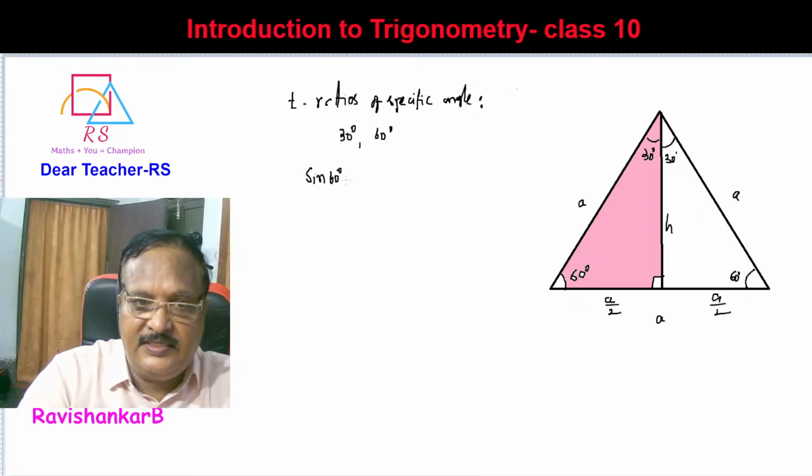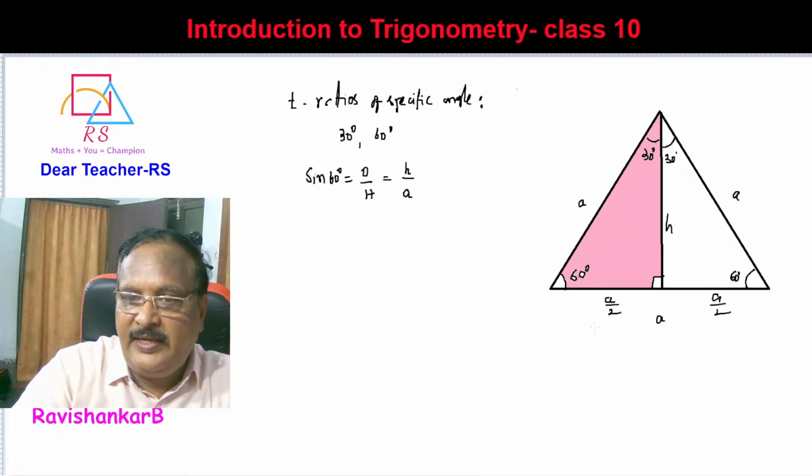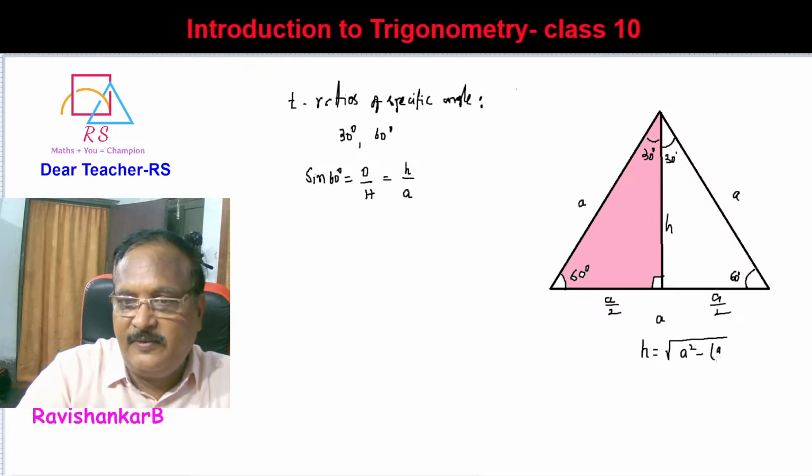Now let us see sine 60 degrees. Sine 60 degrees is equal to opposite side by hypotenuse. Hypotenuse is A and opposite side is h. We don't know h, so we will find out h. h is equal to the square root of hypotenuse square minus other side square. I am writing the Pythagoras theorem directly, as I told you in the last class.